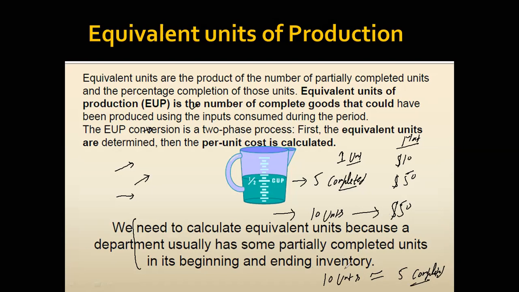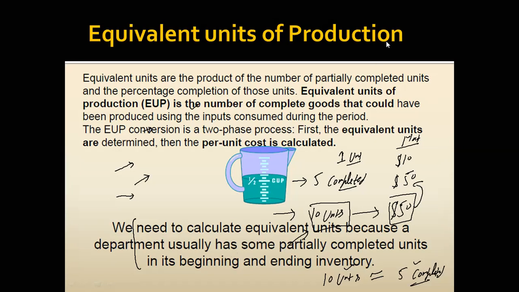Because cost equal to 5 completed units is already spent on these 10 units. On the basis of that, I am saying that these 10 units are equivalent to 5 completed units. I hope that you understood this example.